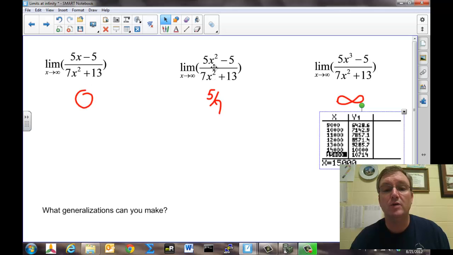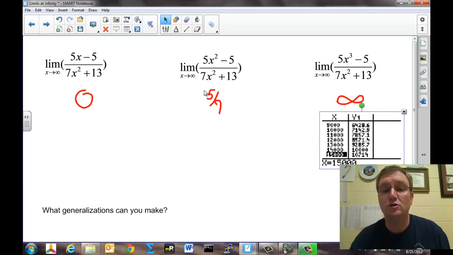If we have the same exponent in the numerator and denominator, meaning the highest exponent in the numerator is the same as the highest exponent in the denominator, then the limit is going to be that lead coefficient over that lead coefficient, 5 over 7. And if the highest exponent is in the numerator, then that function is going to be going to infinity.